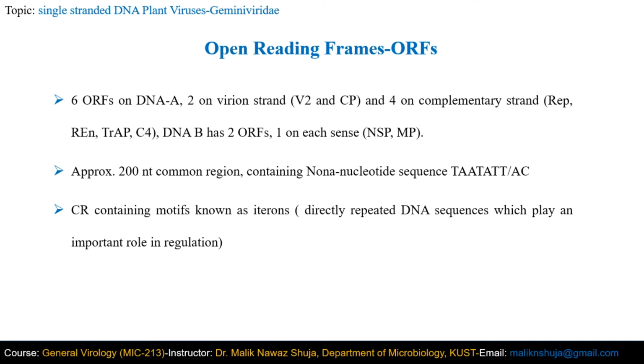On the other hand, DNA B has 2 open reading frames, one on each side. One is the nuclear shuttle protein on the virion strand, while the movement protein is present on the complementary strand of DNA B in the case of bipartite begomoviruses.